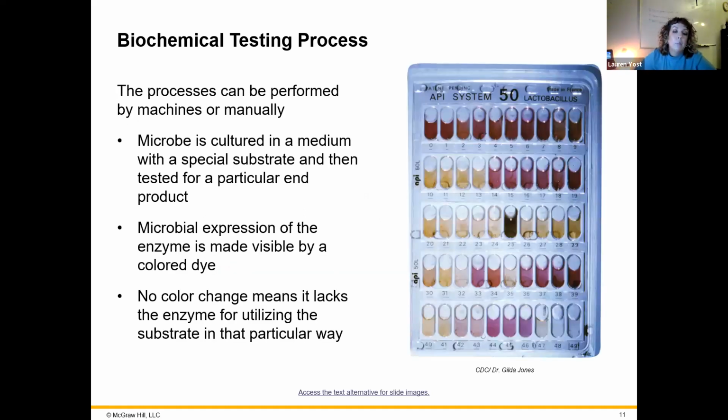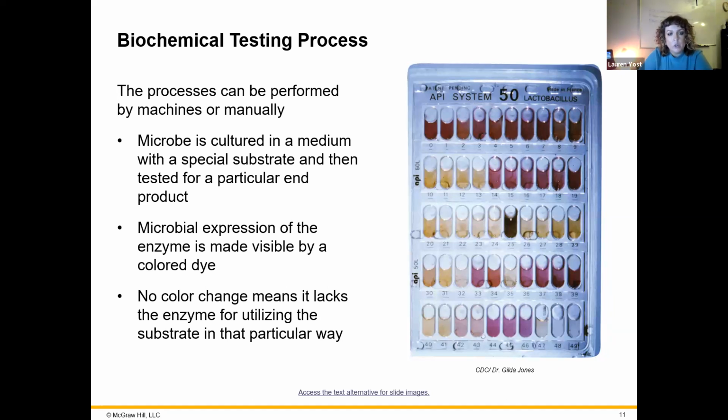So nowadays, biochemical testing can be performed by machines or manually. If you are really looking at an actual lab that's going to be testing a lot all at once, you might need the machine version. But if you're not doing this very often, you might do this manually. And what you would do is you would culture your medium in an assay medium, made for the specific assay.